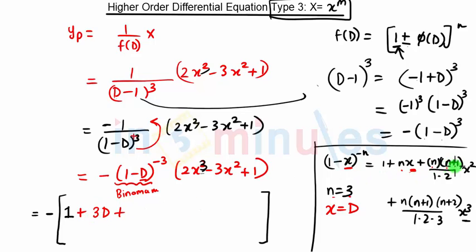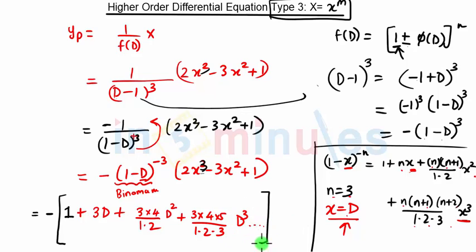Then n into n plus 1 upon 1 into 2 into x square; n is 3, n plus 1 is 4, so it is 3 into 4 upon 1 into 2 into d square. Then n into n plus 1 into n plus 2, which is 3 into 4 into 5 upon 1 into 2 into 3, into d cube. So this is the binomial expansion, and so on. Why are we not writing more terms? Because the higher terms will automatically become 0 when we multiply, and this part will remain as it is.